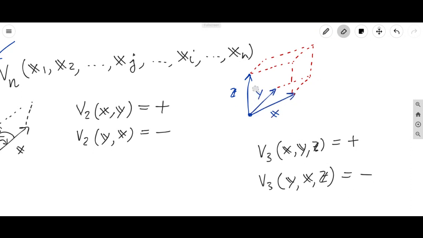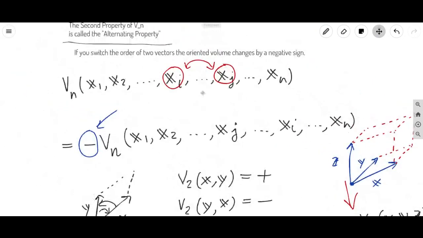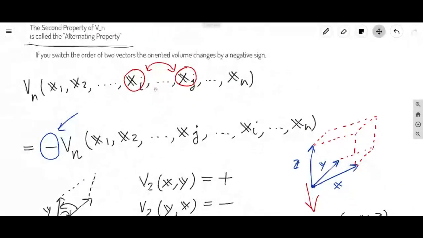If you try to travel from y to x, your thumb is now going to be pointing down. If you're using your right hand, the only way you can now get from y to x is if your thumb is pointing down, but the vector z is pointing up. So your thumb and the z vector are pointing in opposite directions. So by flipping 2 vectors, you flip the orientation. So this is what the alternating property says.